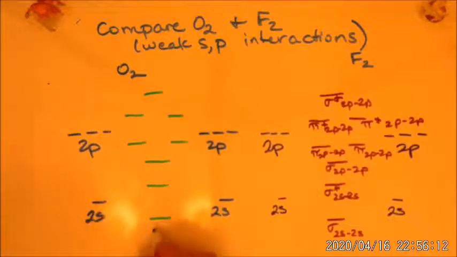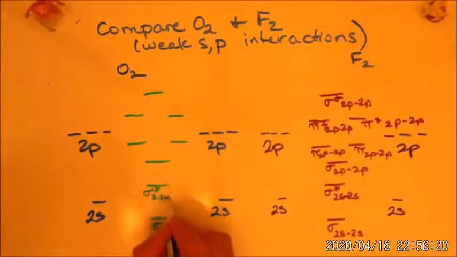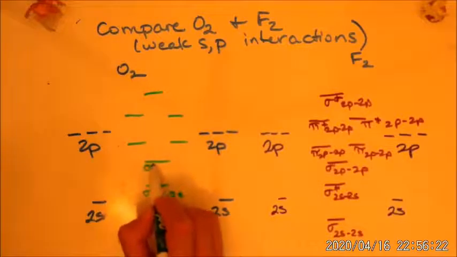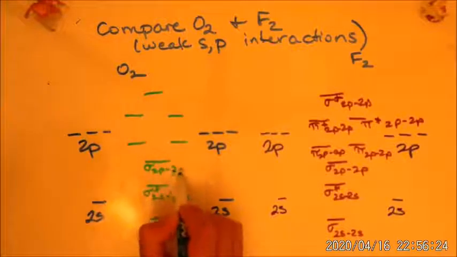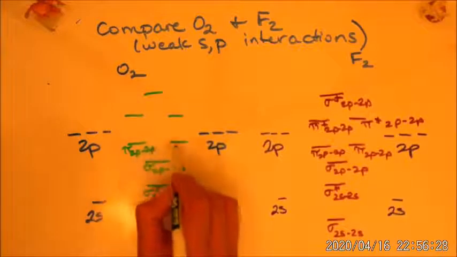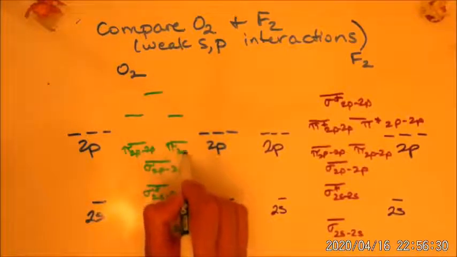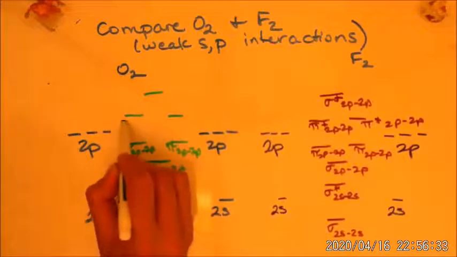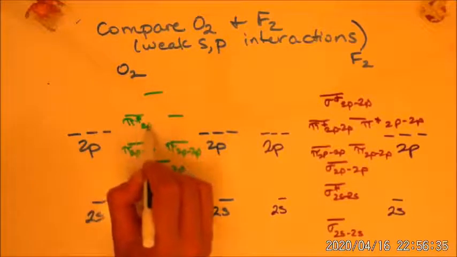It's going to be, again, sigma 2s, sigma star 2s, sigma 2p, pi 2p, another pi 2p, pi star 2p.